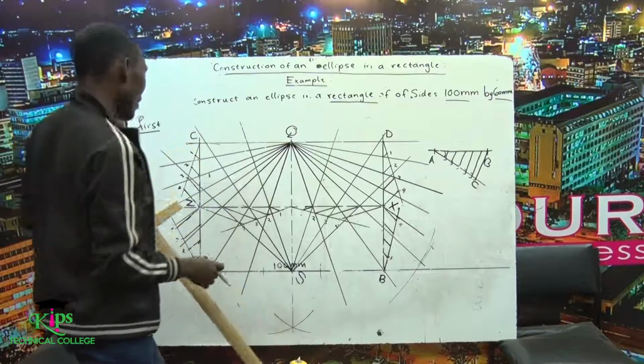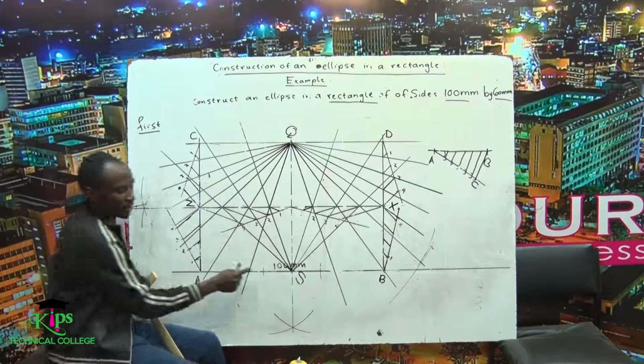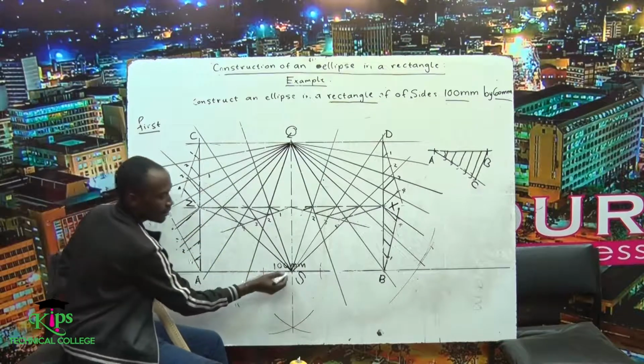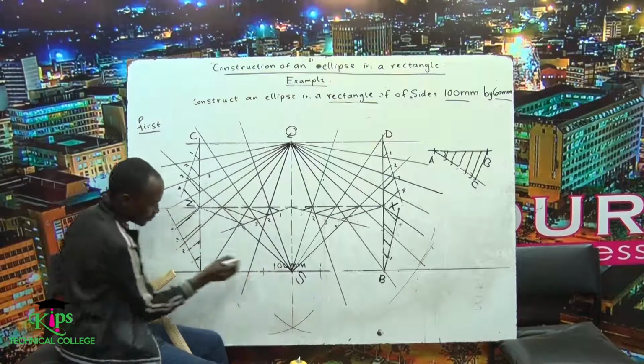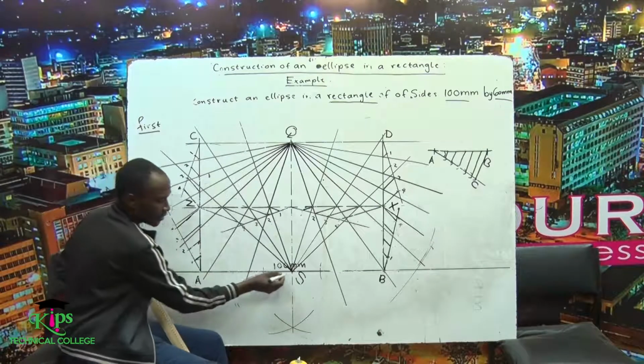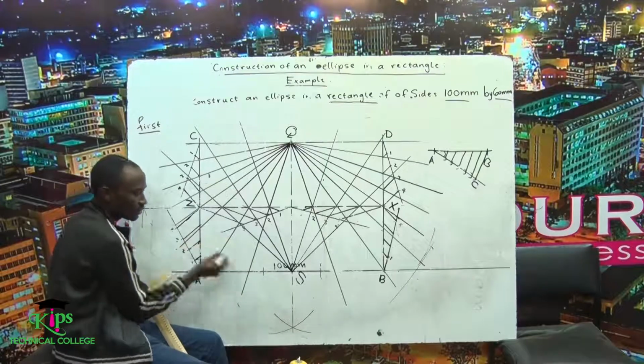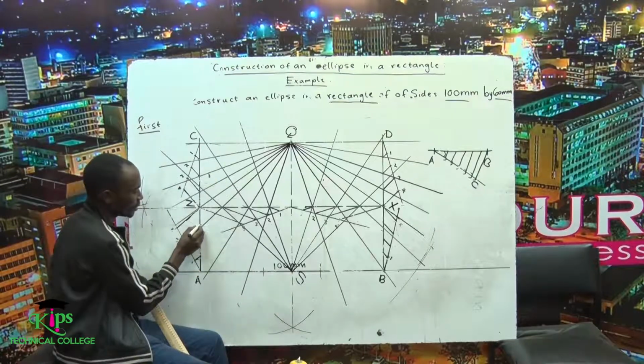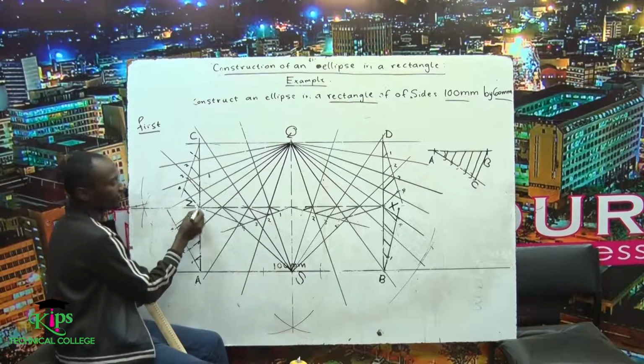Like that. So again, we are also going to stand at point S to draw lines starting from S to point 1, S to point 2, S to point 3, then S to point 4.